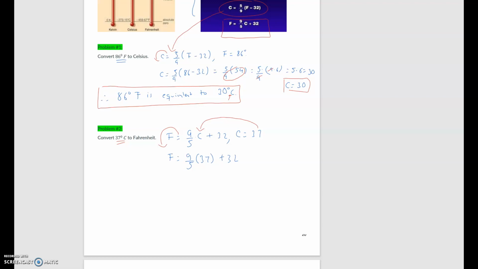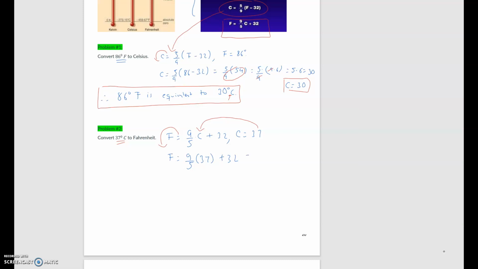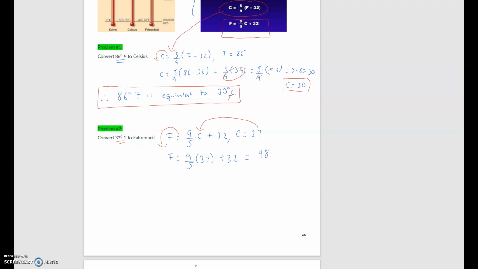Let me actually punch this one into the calculator so that you guys see it. So let me write it as 9 divided by 5 times 37 and then plus the 32. And that's going to give us a value of 98.6. So 98.6 as the final answer.